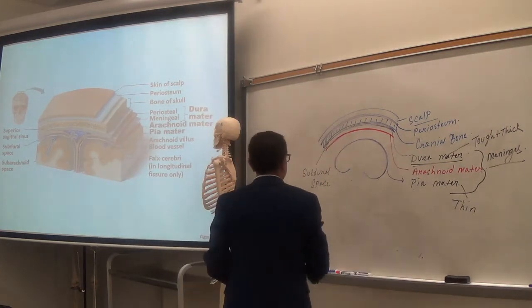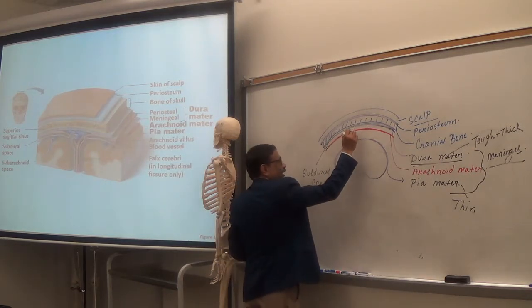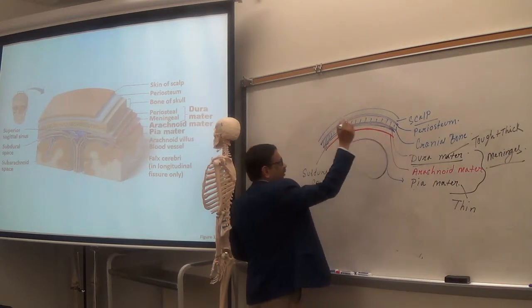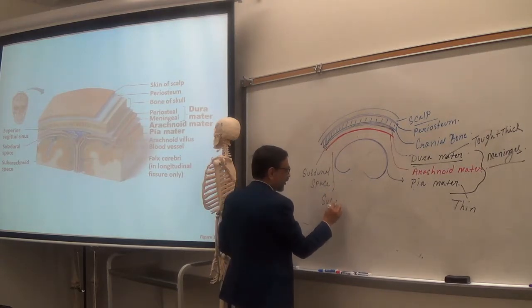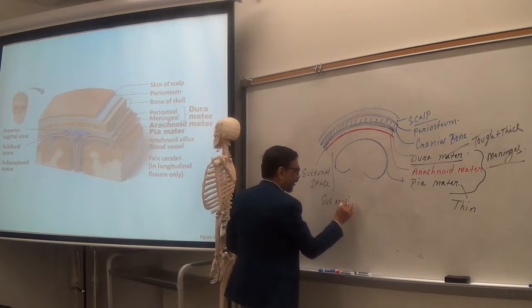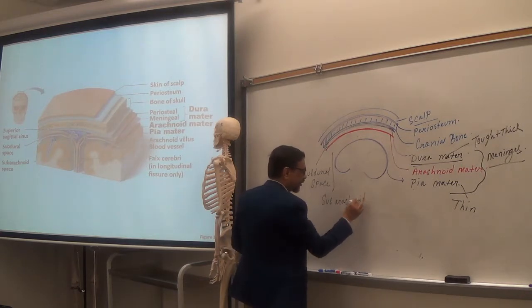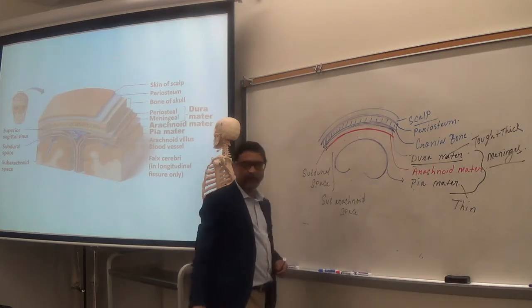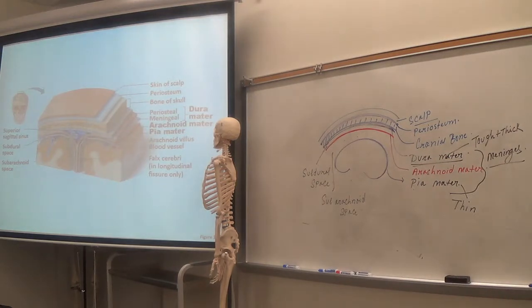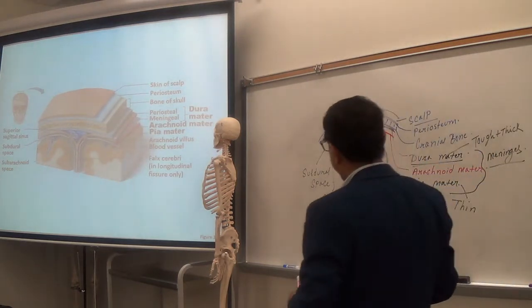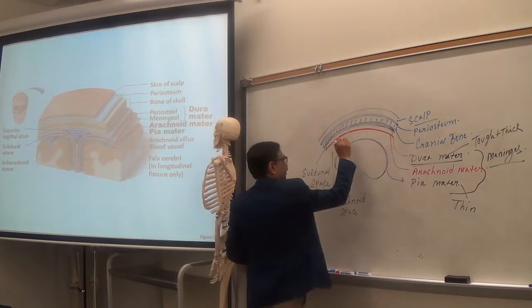Subdural space. And under the arachnoid mater, that means between arachnoid and pia, there is a space that is called what? Subarachnoid space. Makes sense? Subarachnoid space. Is it clear? Okay.